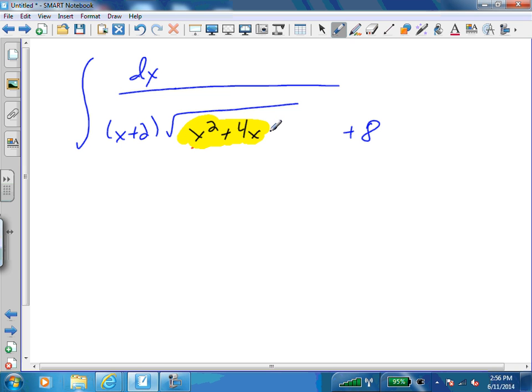So what would I need to add to this to make it a perfect square? 4. Half of 4, and then squared. So 2 squared is 4. Of course, if we add 4, we also need to subtract 4.